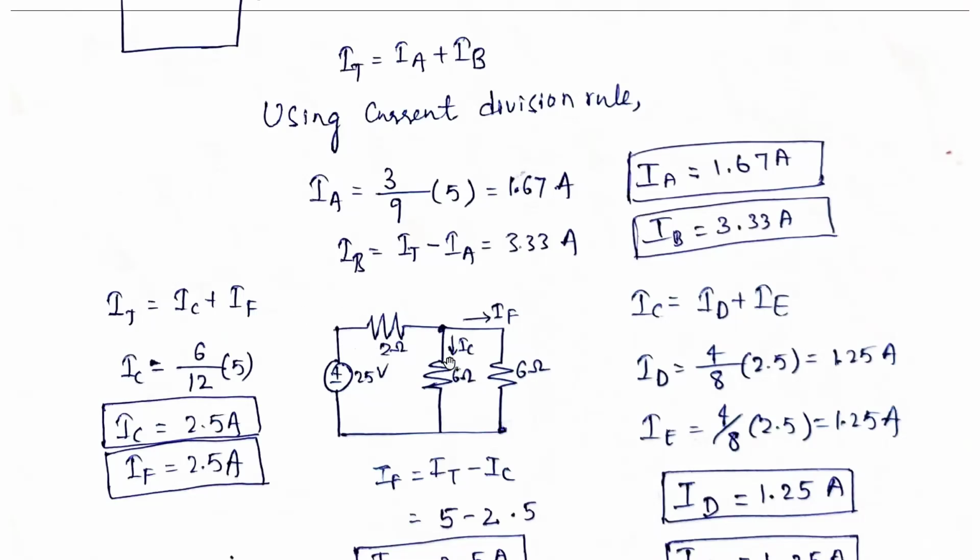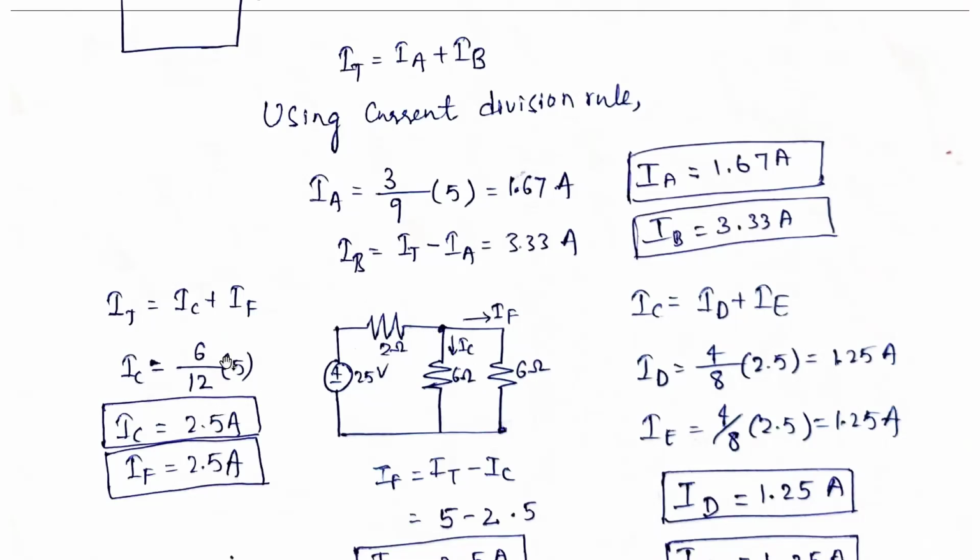So what is opposite resistance? Here the opposite resistance is 6 ohms divided by the total resistance. What is the total resistance? Total resistance is 6 plus 6, that is 12, into this current. This current is again 5 amperes.